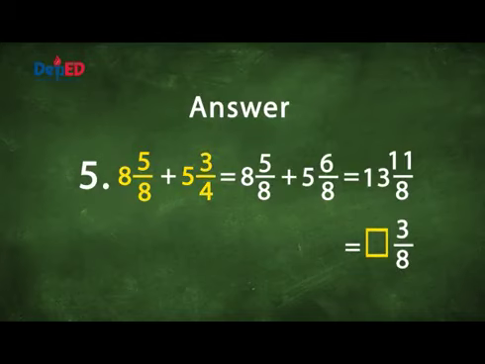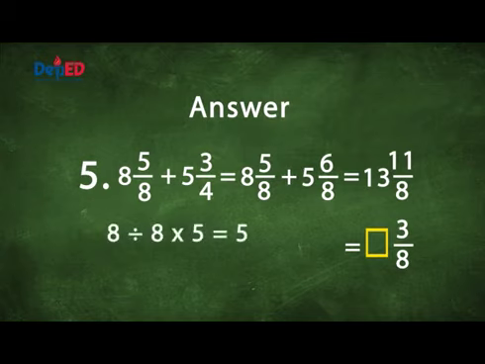Change fractions to similar fractions through getting the least common denominator or LCD. The LCD of 8 and 4 is 8. Step 2. Copy the whole numbers. Then, divide the LCD by the given denominators and multiply by the given numerators. 8 divided by 8 times 5 equals 5.